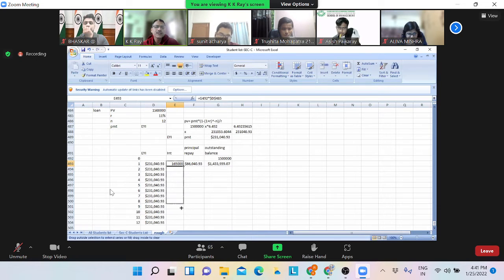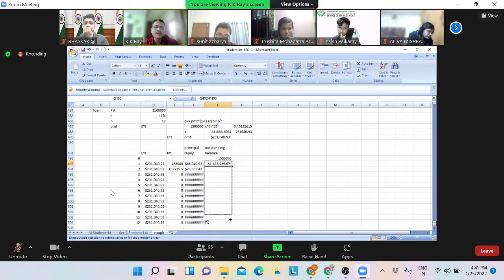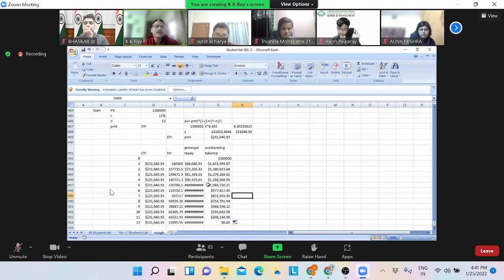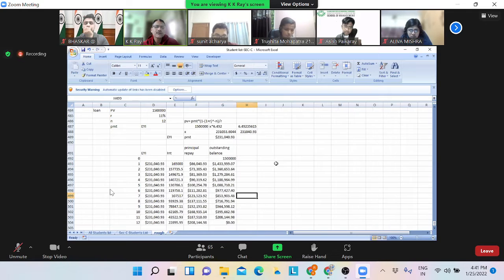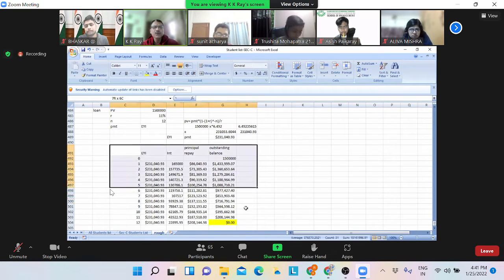So we will do this for all years at once. See, at the end, my balance will be 0. This is called the loan amortization schedule.